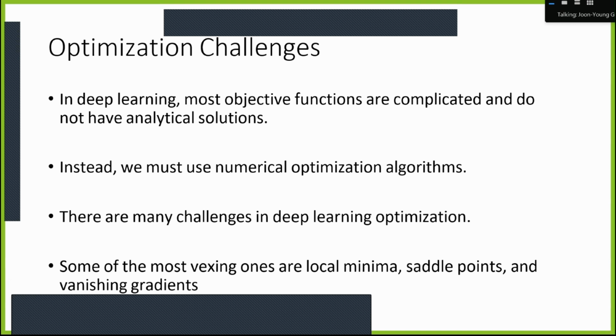And sometimes there are flat regions where our optimization gets stuck during training, one example being a saddle point. So these are the challenges which the techniques that will be introduced try to overcome.